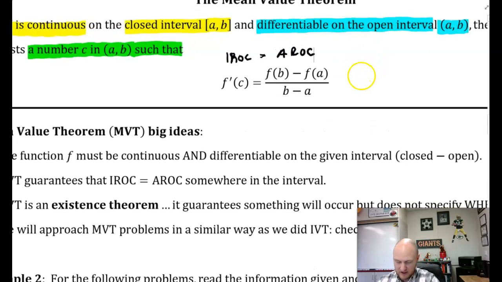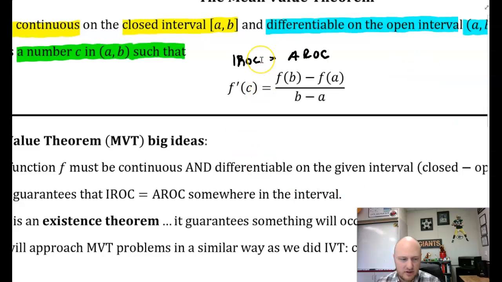So we're going to show that average rate of change is equal to instantaneous rate of change, or more so, use this idea to prove that the instantaneous rate of change at some value exists.